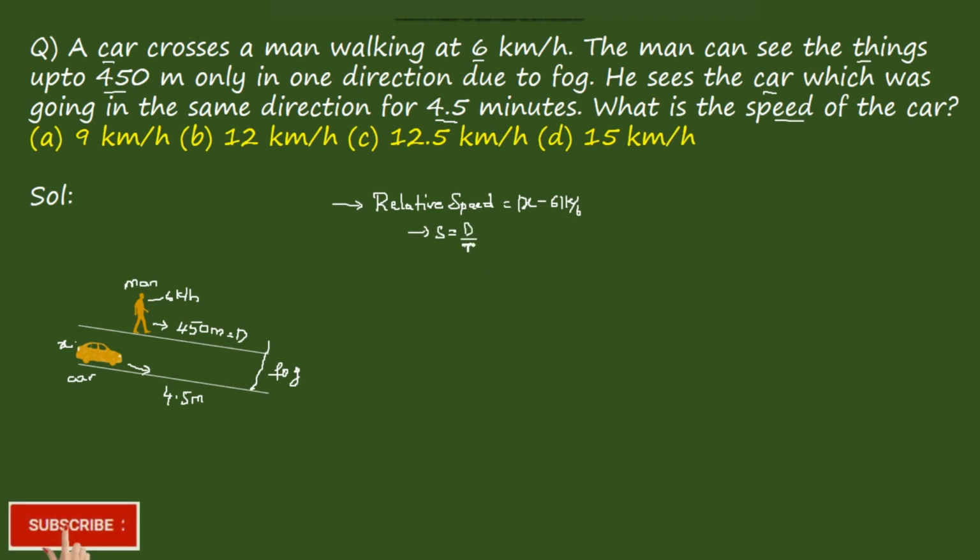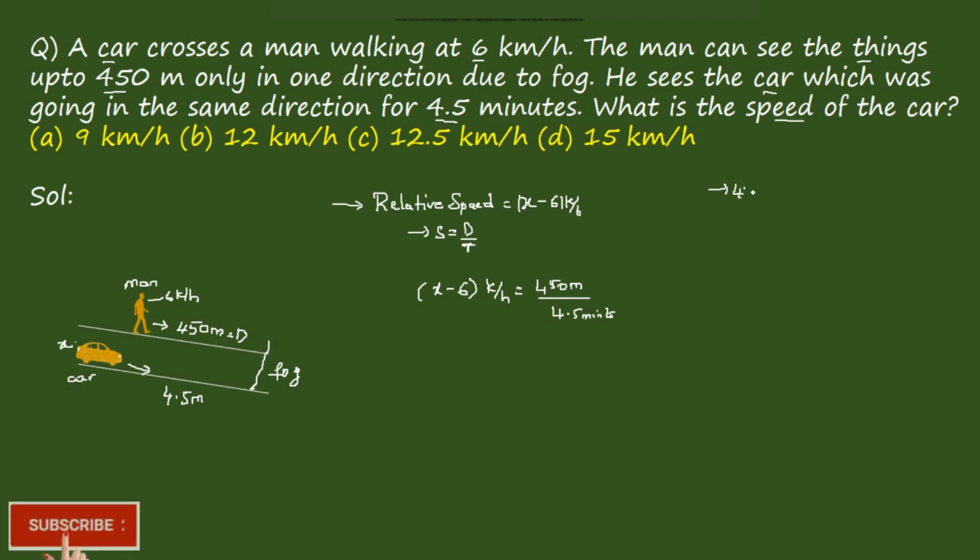Here speed is nothing but relative speed. So x minus 6 in kilometers per hour is equal to distance, given as 450 meters, by 4.5 minutes. But we want it in kilometers per hour, so we are converting it into kilometers and hours.